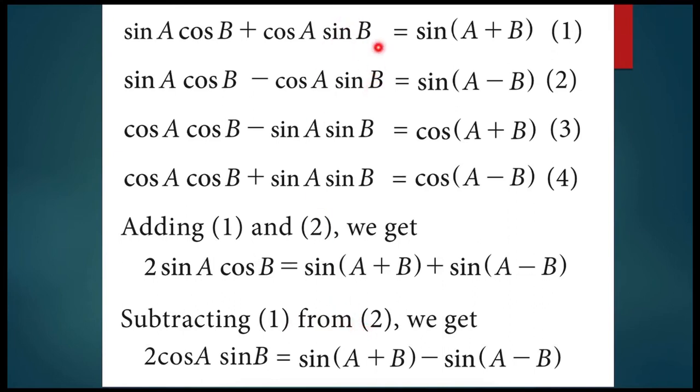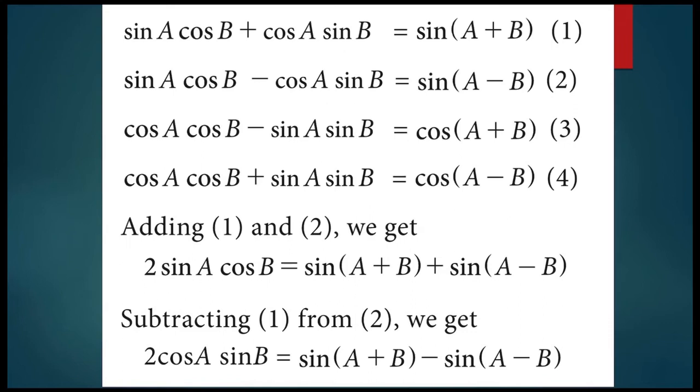Now we are going to subtract 1 from 2. While subtracting, sin A cos B will get cancelled, and 2 cos A sin B remains. So 2 cos A sin B equals sin(A+B) minus sin(A-B) on the right hand side.